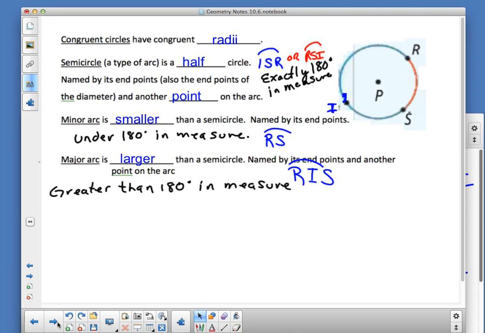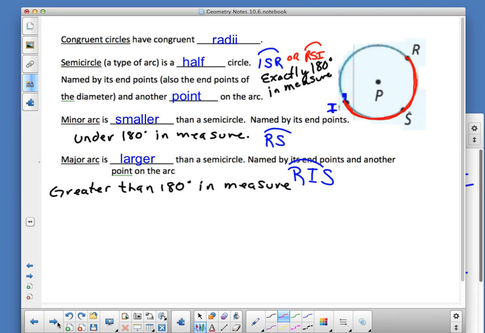I've got a couple examples, but I'm going to highlight them as we go. The first one is a semicircle, and I'm going to use red for that semicircle. I've got RSI, or ISR. Please keep in mind when we do these, the two outside letters, when we're talking about a semicircle or a major arc, are my endpoints of the arc.